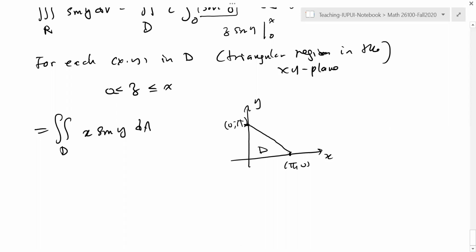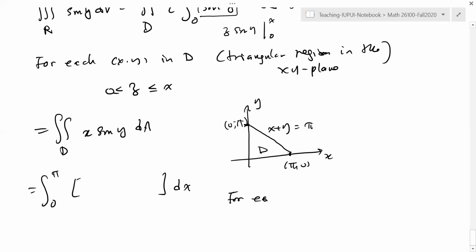All right, so now it's a double integral. The question is, how do you set up a double integral? It's the same idea, and you can use any variable, x or y. Let me use the x variable outside. The equation here is x plus y equals pi.